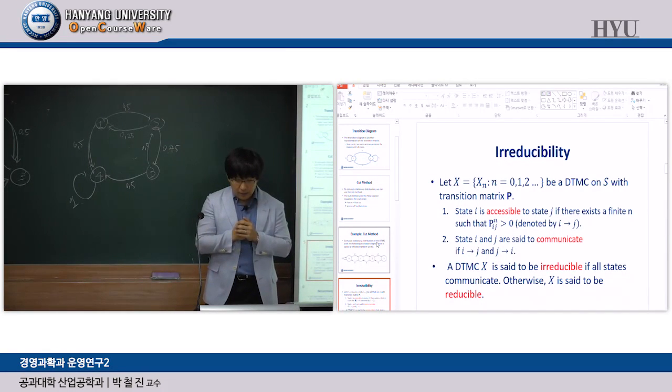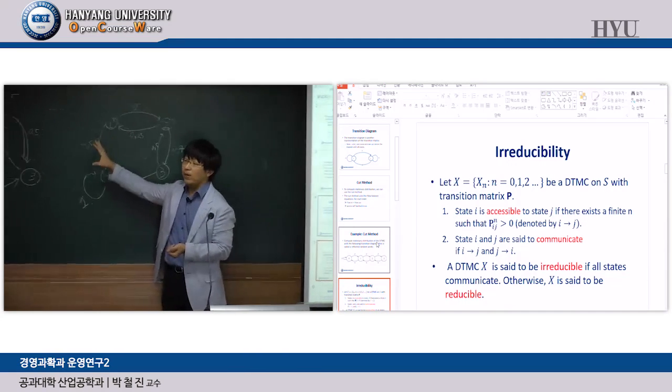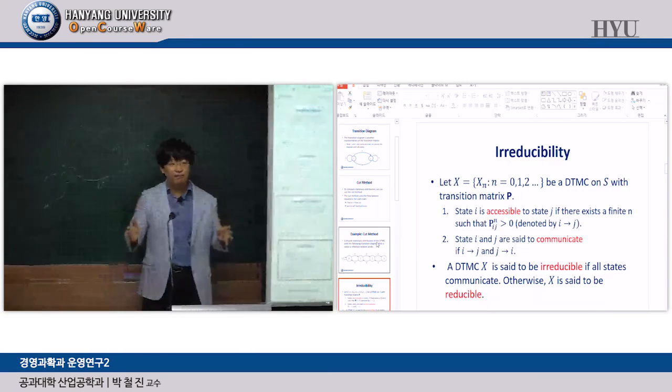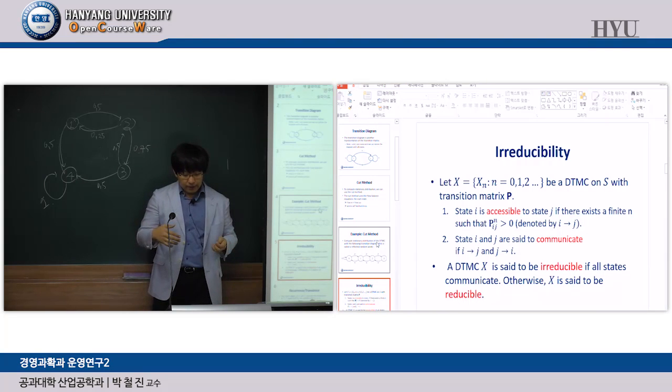And let's consider the whole chain, not just a pair of states. When we consider any pair of states, if all pairs of states can communicate with each other, then we call this chain irreducible. So irreducibility is the characteristic of the chain.